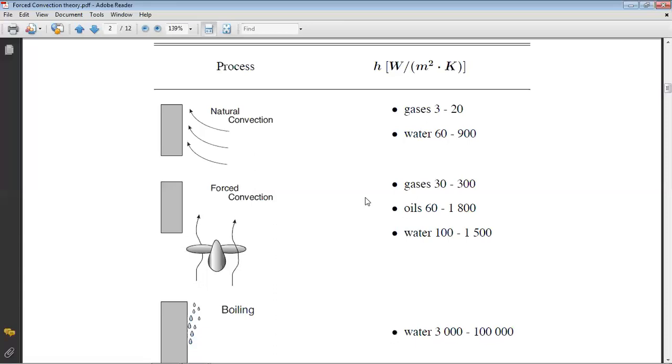Obviously, in case of forced convection, as the value of h is more, the amount of heat transfer will also be more for the same temperature difference and surface area for a given case.